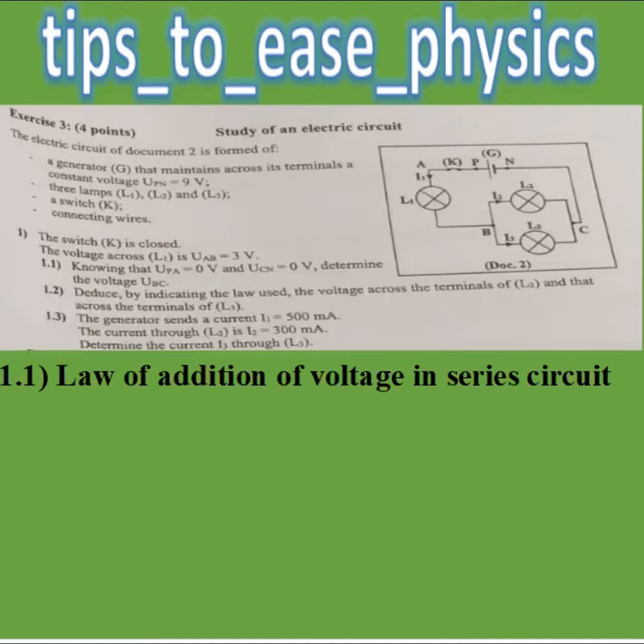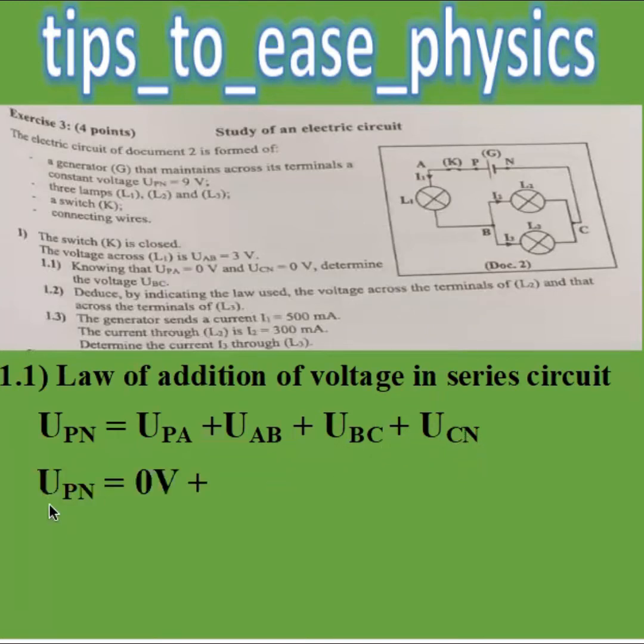So let us apply the law of addition of voltages in a series circuit. First, UPN is equal to UPA plus UAB plus UBC plus UCN. Then we can plug in the numbers that we know. UPN is equal to UPA, which is 0 given, plus UAB equal to 3 volts, also given, plus UBC, this is what we need, plus UCN, which is 0, also given.